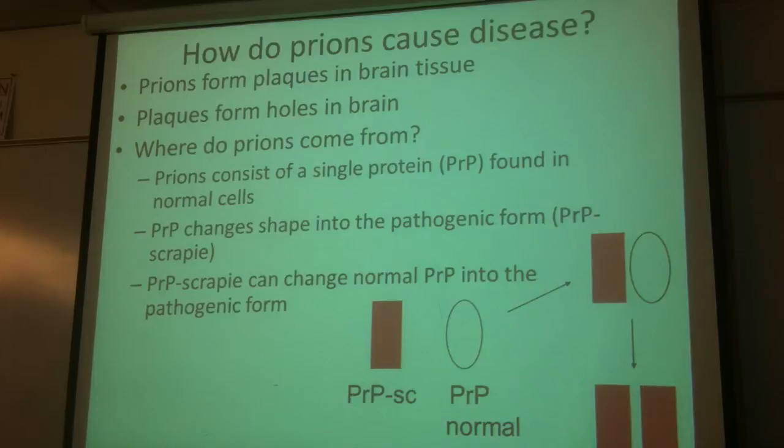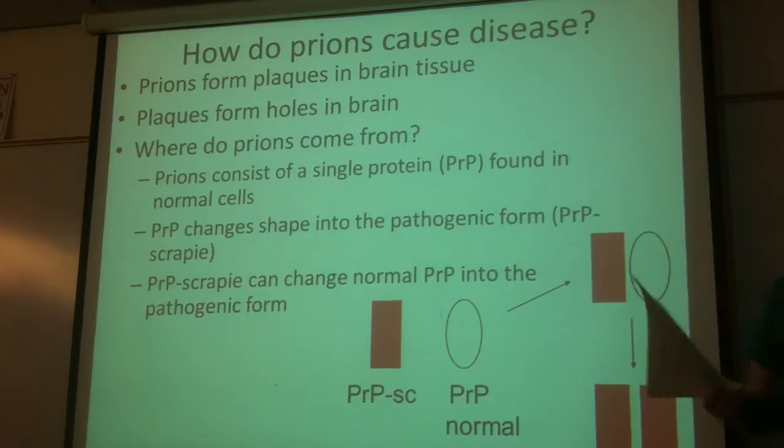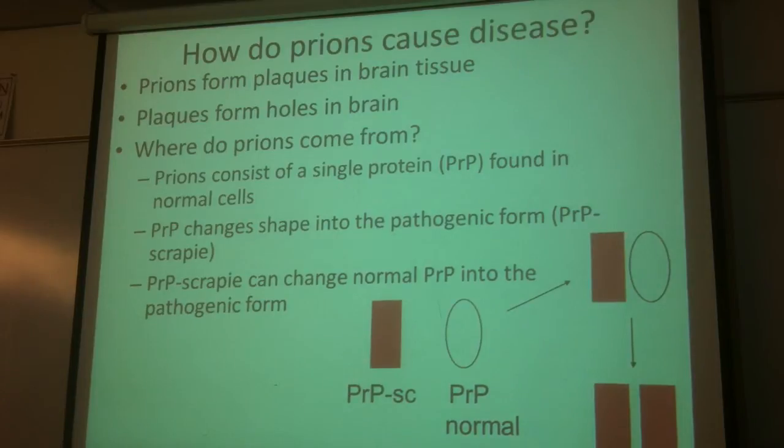So, how do prions cause disease? They form plaques in brain tissue, and these plaques form holes. The prions consist of a single protein, PrP, found in normal cells, and PrP can change shape into a pathogenic PrP scrapie.